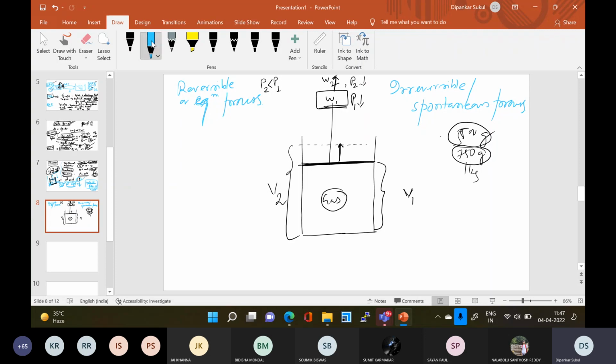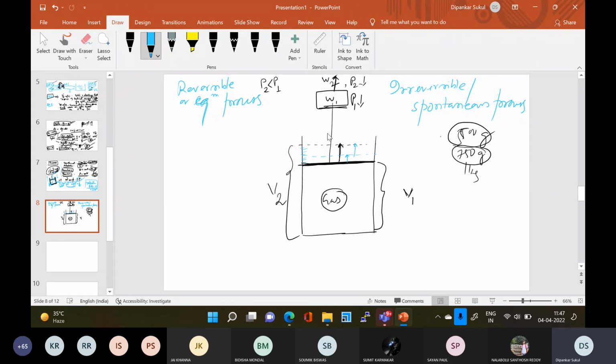That means there will be an intermediate step. Initially the increment will be this, and then this. That is now a two-step process. In that way, I can increase the number of intermediate steps.